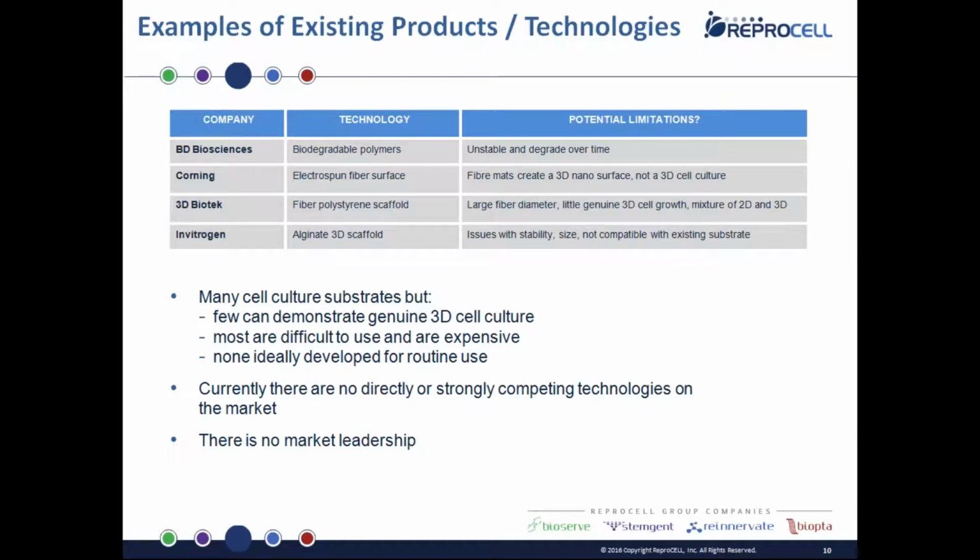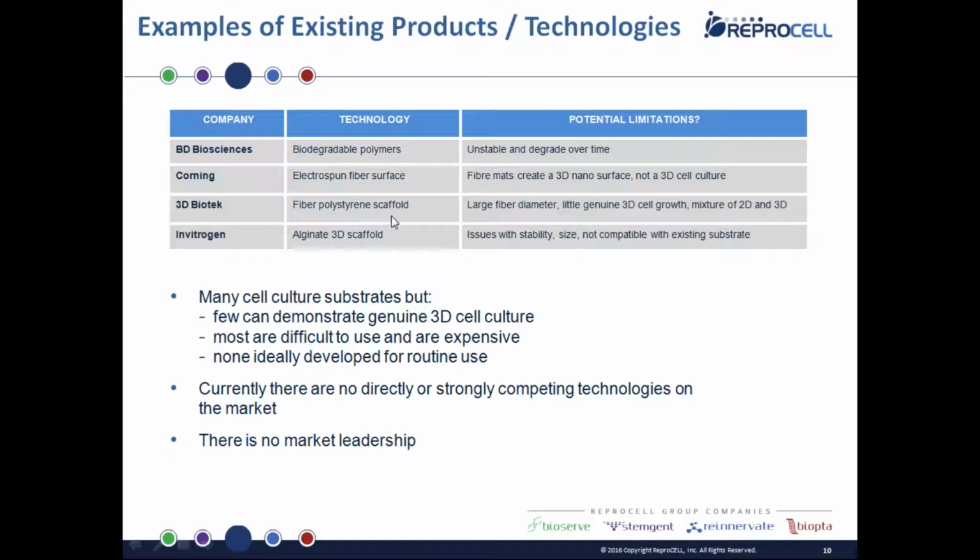The other problem is you get a mat, i.e. a 2D surface which will have some three-dimensional patterning at the top, so you get micro 3D or micro patterning, but it's not really a surface which the cells can invade into, as opposed to Alvetex, which is a void-based structure where the cells can really get into it.